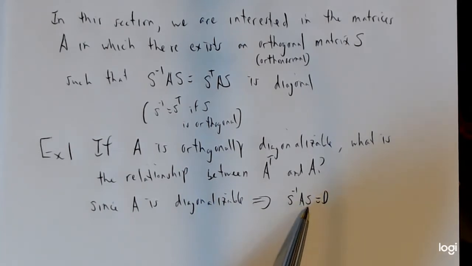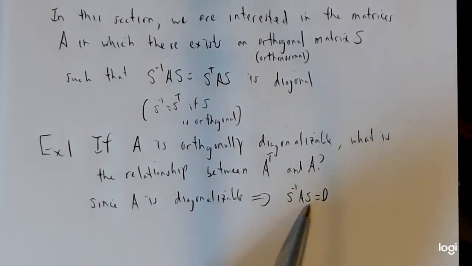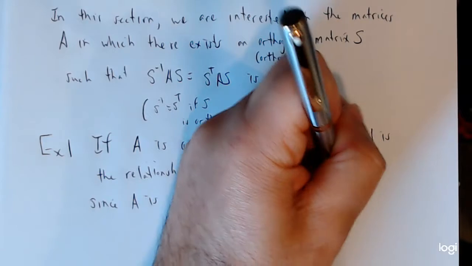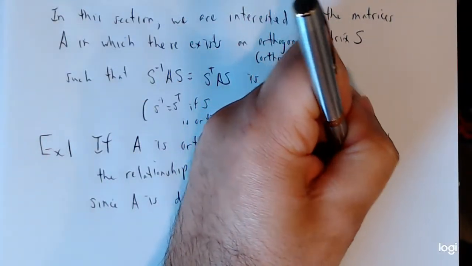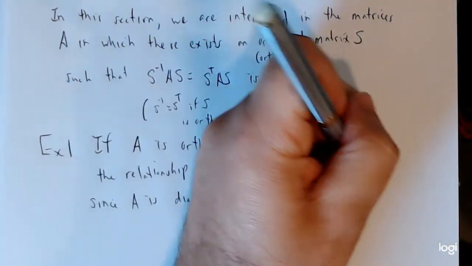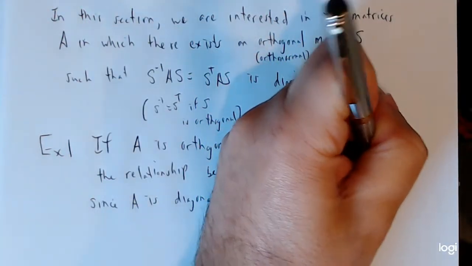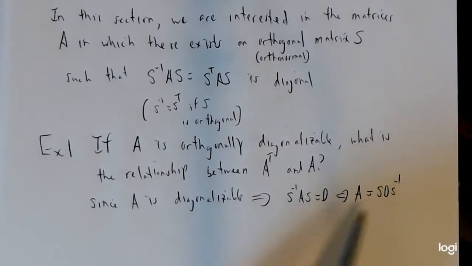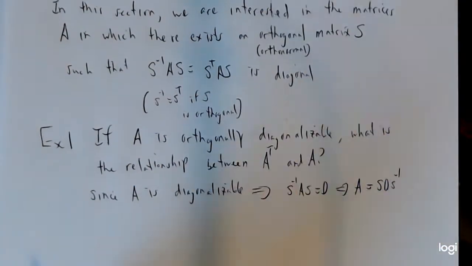Not only is it invertible, it's an orthogonal matrix as well. So what does this imply? If that's the case, then matrix A can be written as S D S inverse, right? Because obviously if it's invertible, then I can solve for matrix A here.